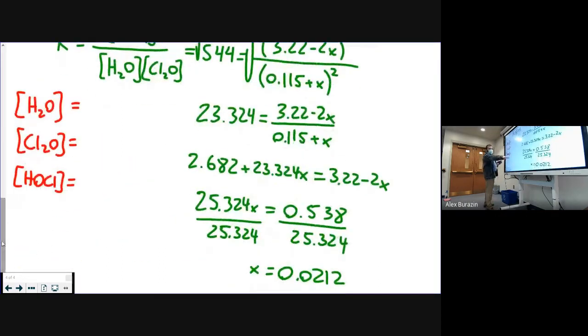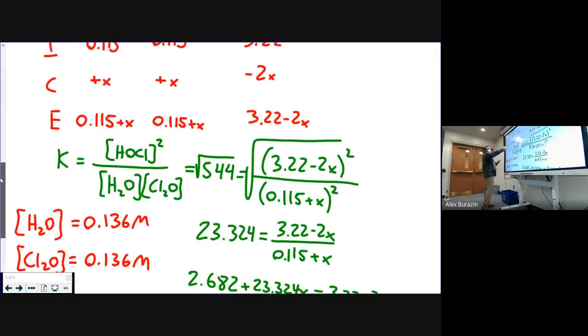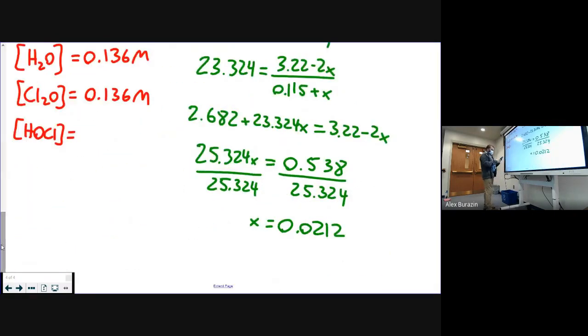So 0.115 plus 0.0212, I get 0.136. And for the product, I have 3.22 minus 2x. So 3.22 minus 2 times that quantity, and I get 3.18.